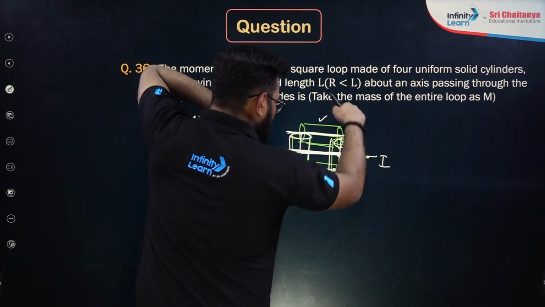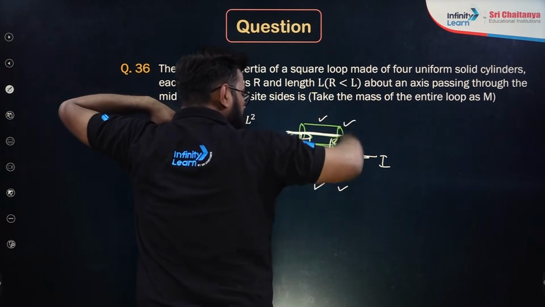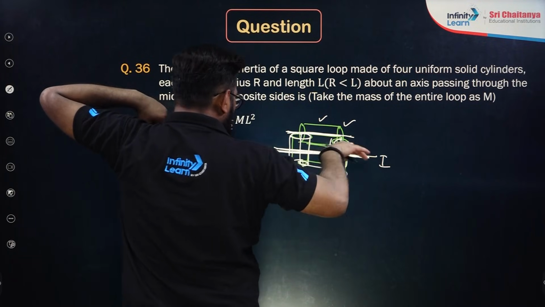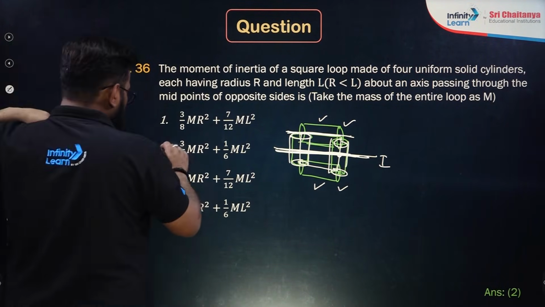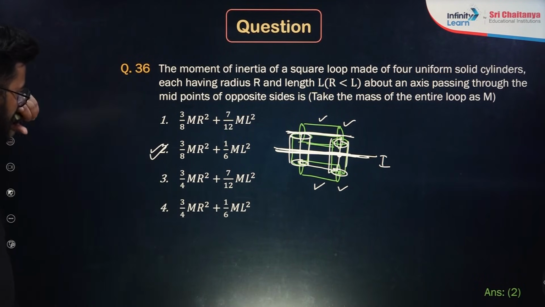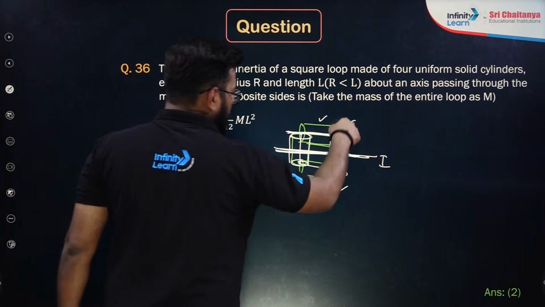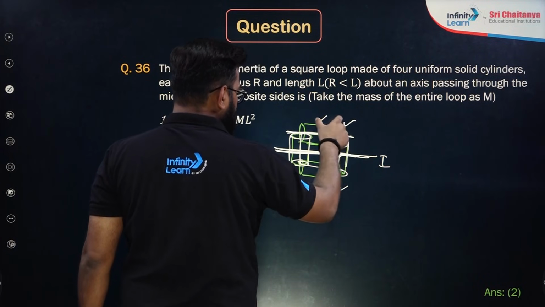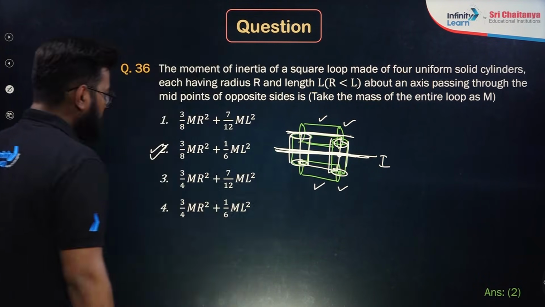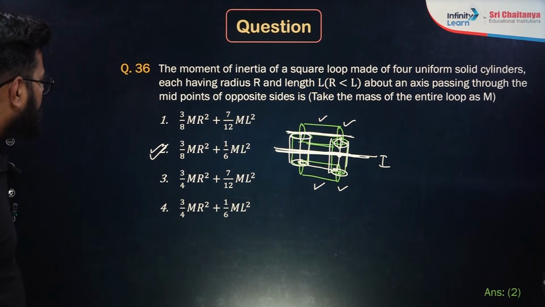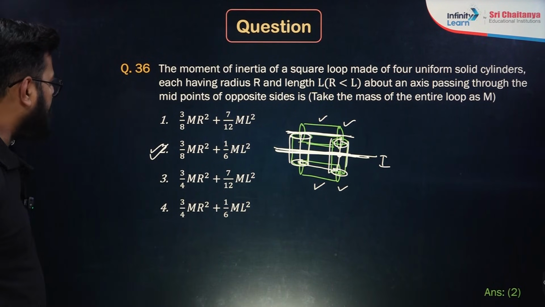For this one, you first apply ml square by 12, and then along the center over here. So the correct answer for this is going to be option number 2, right? ml square by 2 for each of these, and then for these two, you will have to add differently, okay? So this is how the scenario is going to be, correct?